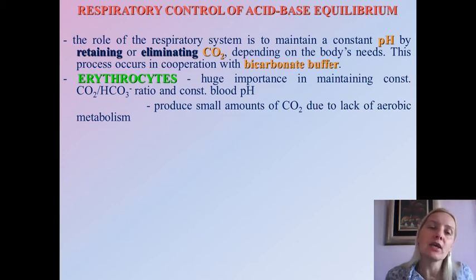So usually I like to explain the mechanism of this acid-base equilibrium maintenance by schemes, by figures, and I hope it's going to be simple and easy to understand. So I like to simplify rather complex things. So let's take a look at the following two figures and try to explain what's going on.